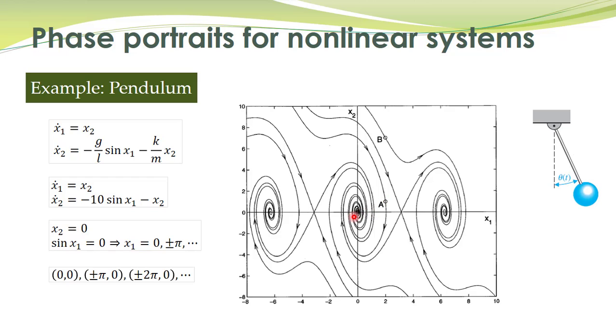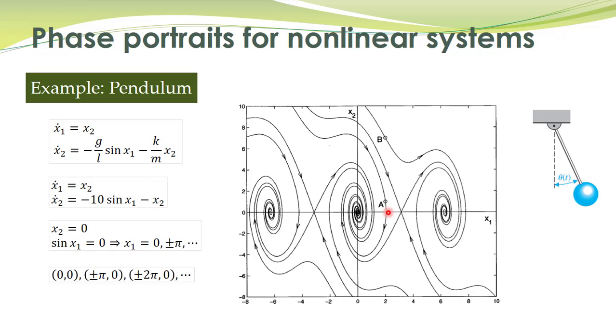So how do you describe the qualitative behavior of this system near this equilibrium point? For example, corresponding to this initial condition, what will be the behavior of this system? What is this initial condition? Velocity equal to 0, that is x2 equal to 0, and x1 equal to some number between 0 and pi.